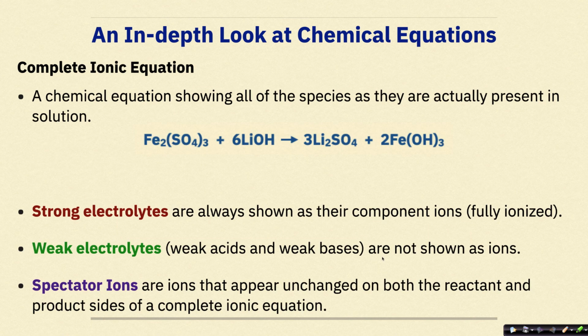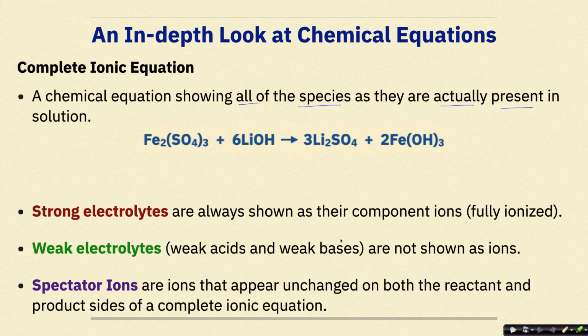Now let's talk about a complete ionic equation. A complete ionic equation is a chemical equation showing all of the species as they are actually present in solution. So here we have our balanced chemical equation, otherwise known as our molecular equation.